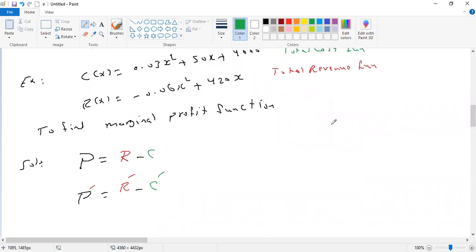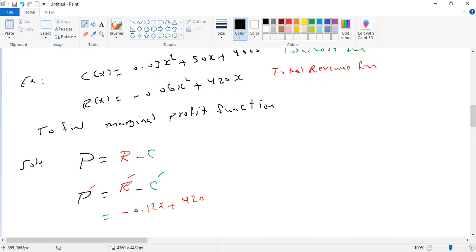Now, what is the marginal revenue equal to? See, the revenue is the first one. The derivative of this is 2 times 0.06, which gives minus 0.12x, plus the derivative of 420x, which is 420.